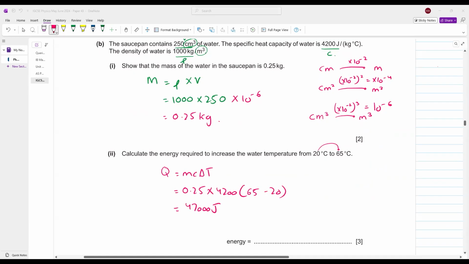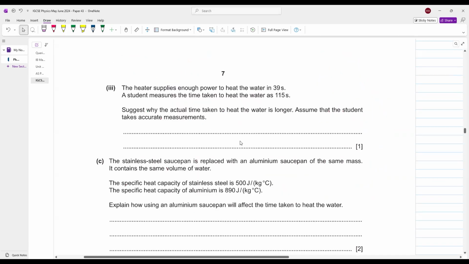आगे बढ़ते हैं बेटा. Let's further move ahead. अच्छा, the heater supplies power to heat the water in 39 seconds. ठीक है. A student measures that the time taken to heat the water is 115 seconds. In reality, the time is much higher compared to your actual calculations.